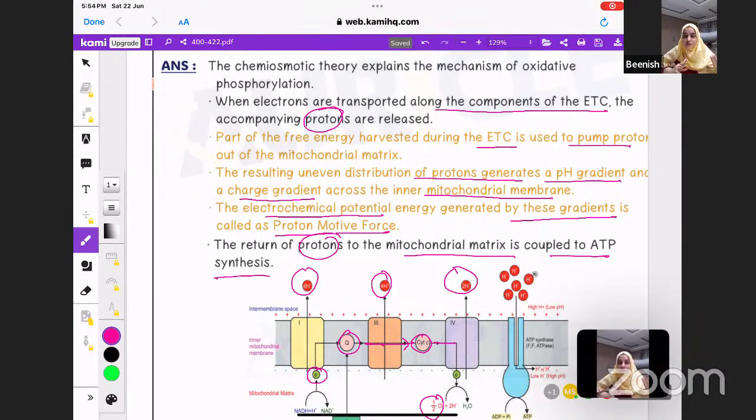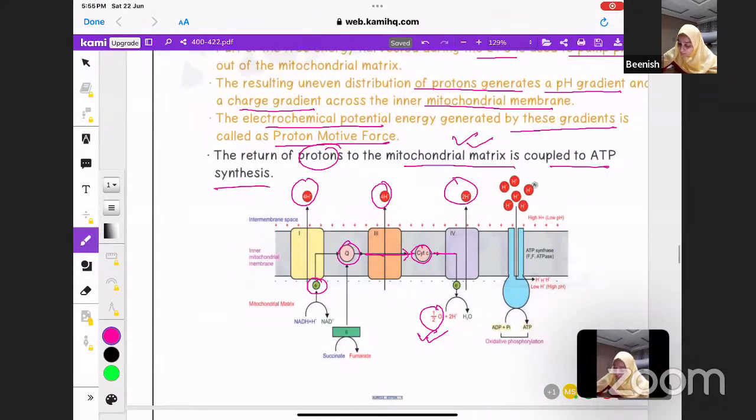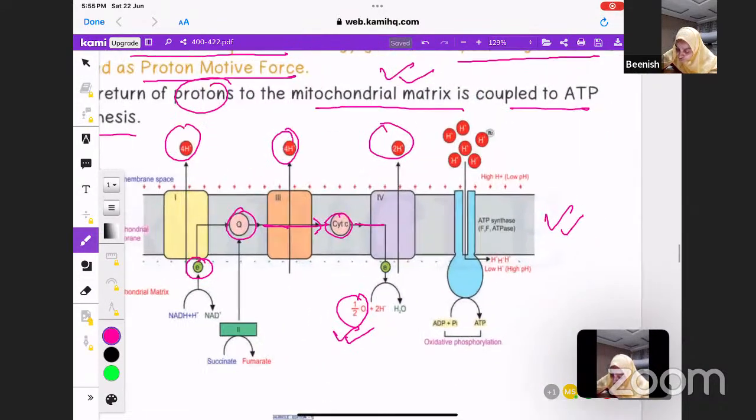So a potential difference is being generated. The matrix is less positive as compared to the intermembrane space because it has fewer protons. So from a higher concentration, they have a tendency to get back into the matrix, and that return of the protons to the mitochondrial matrix is coupled to ATP synthesis. This takes place with the help of complex 5 as seen here.